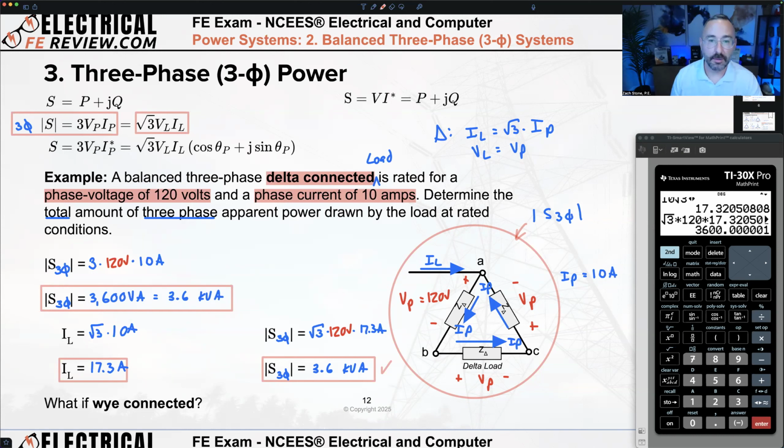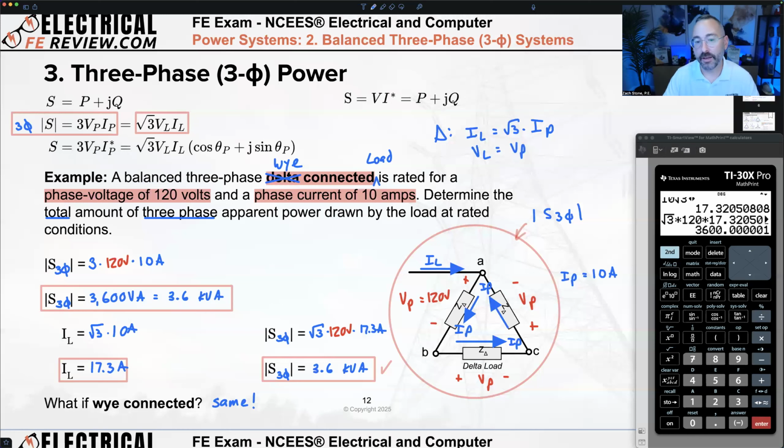What if this was the same problem, but the only change was a Y connected load, phase voltage of 120 volts, phase current of 10 amps? It would be the same. Why would it be the same? Previously, I told you if you're given line values, it doesn't matter. If you're given phase values, that's where you have to be careful. Why does that not necessarily apply here?